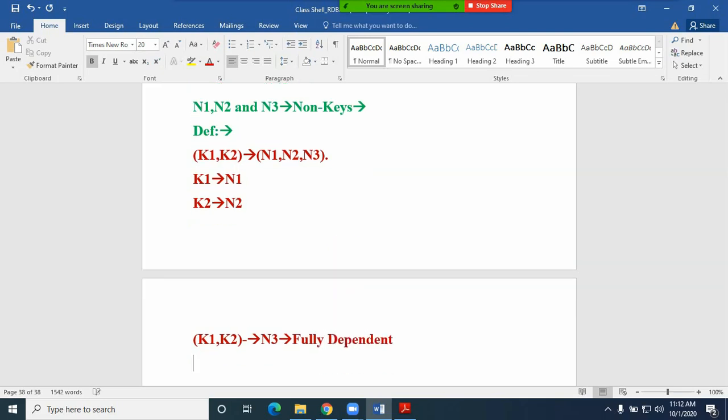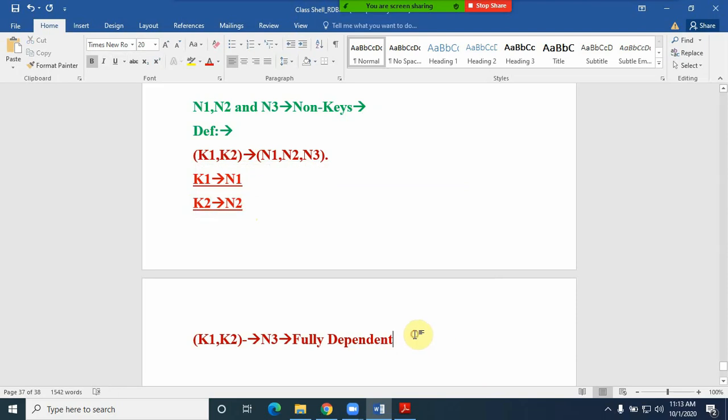Now the problem is K1, N1, K2, N2, this is creating trouble for us actually. The reason is this K1 is a partial dependency and K2 is also a partial dependency, because as a portion of this composite key, actually the complete key is K1, K2, but N1 only depends on K1, N2 only depends on K2.